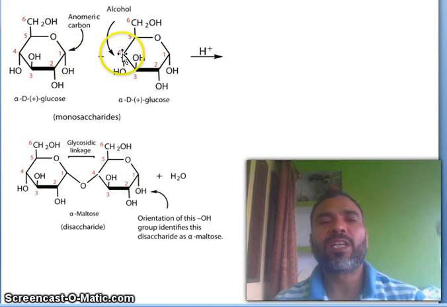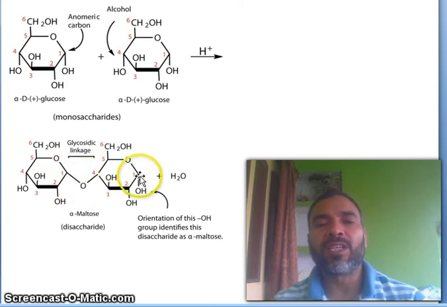So this 1 and 4 combine together and form the glycosidic linkage. This linkage is important, and now it becomes a disaccharide because it is formed from 2 monosaccharides. So orientation of the OH group down is alpha maltose. If it goes up, then beta maltose. So all the time keep in mind, this is acetal, this carbon is hemiacetal.